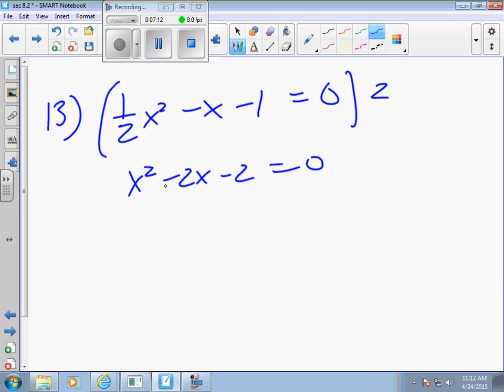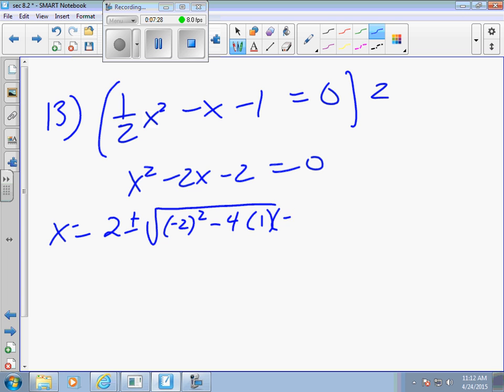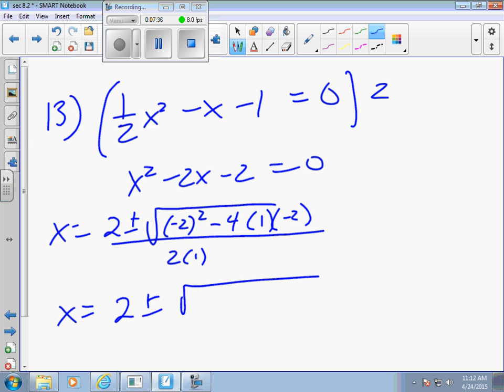So let's plug this one in, and I get x equals the opposite of our middle term, which is 2, plus or minus the square root of negative 2 squared minus 4 times 1 times negative 2, all over 2 times 1. Simplifying, I get 2 plus or minus the square root.